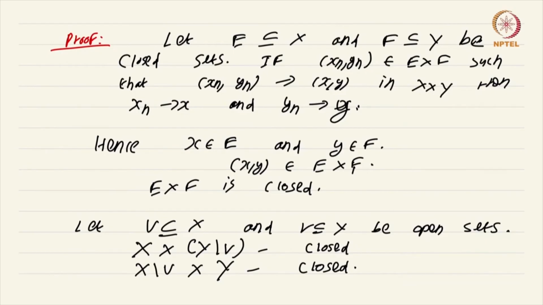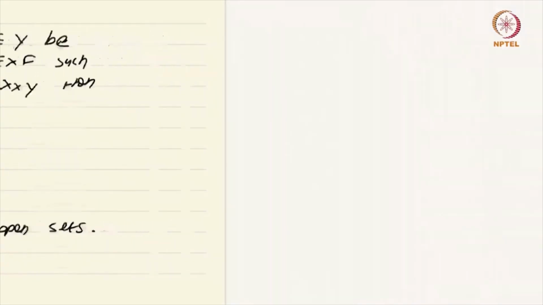Now, that means the complements of these two sets must be open, right? What are the complements of X cross (Y minus V) and (X minus U) cross Y? Well, they are nothing but X cross V and U cross Y, which are both open, taking complements.